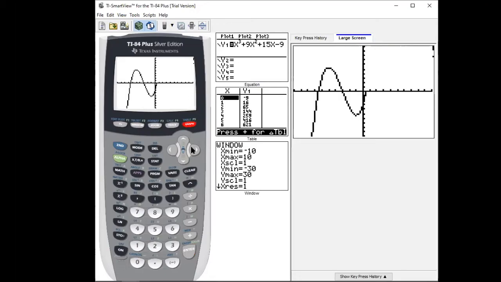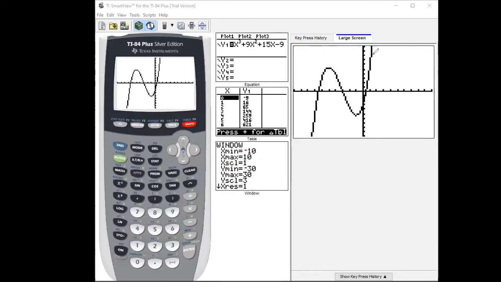Ooh, yay, I got him. Cool. Now, again, the window is there. I deliberately have the window here so you can see. All I did was change Y max. Y max is up here. And Y min is down here. I changed them. I am looking for the low point and the high point.